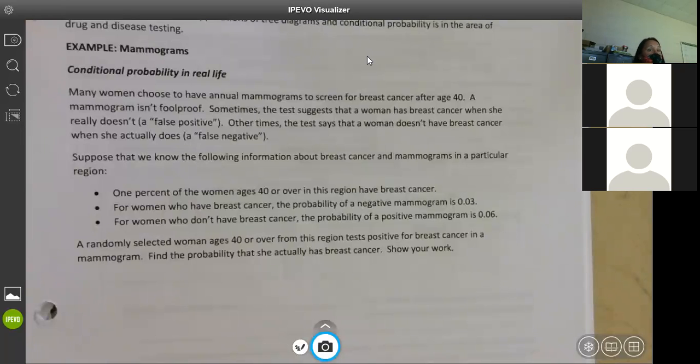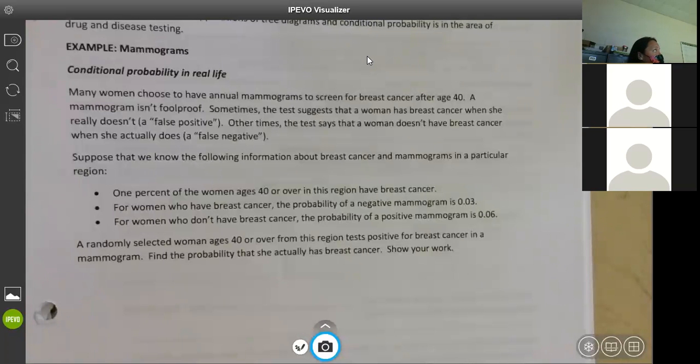So look at your little bullet points. That tells you what your tree is going to look like. So the very first one, 1% ages 40 or over. The age doesn't matter because all of them are going to be 40 or over if they're getting a mammogram. So forget that they even put the age in there. So 1% of women in this region have breast cancer. So what are the other ones? 0.99.